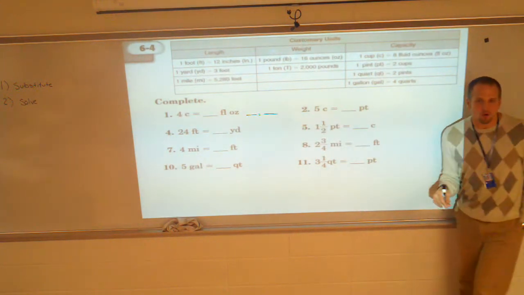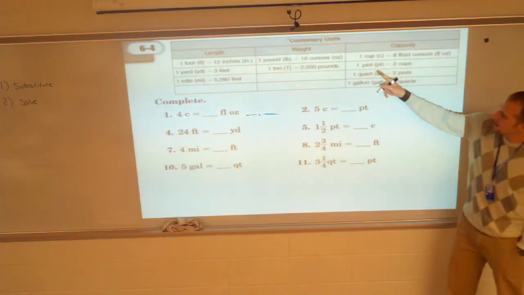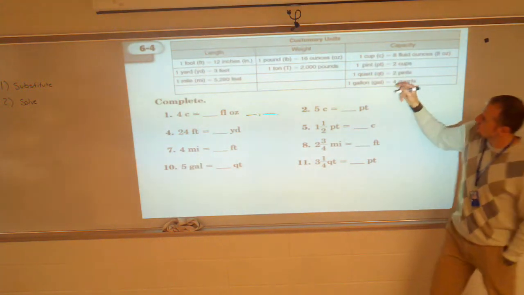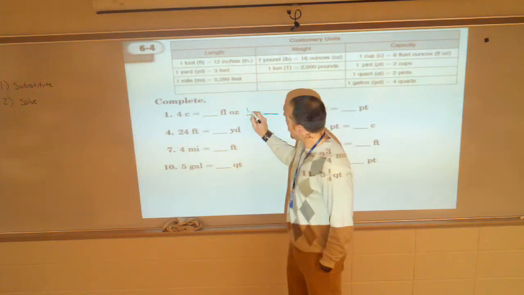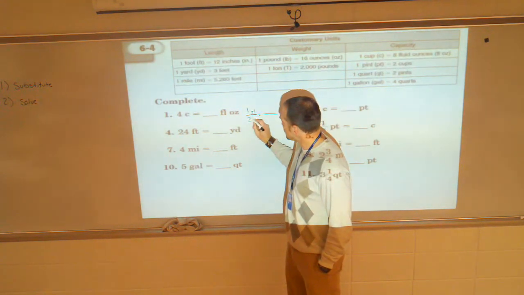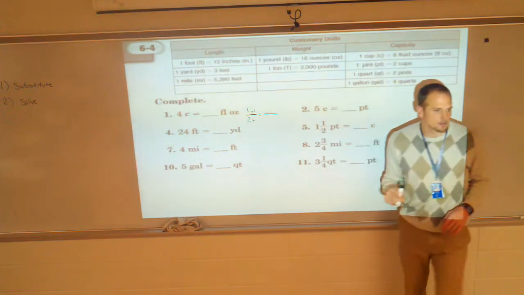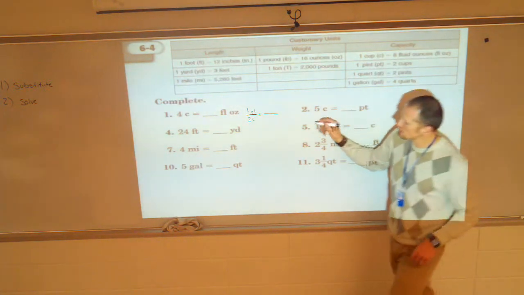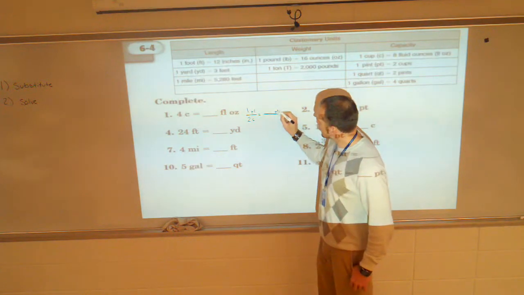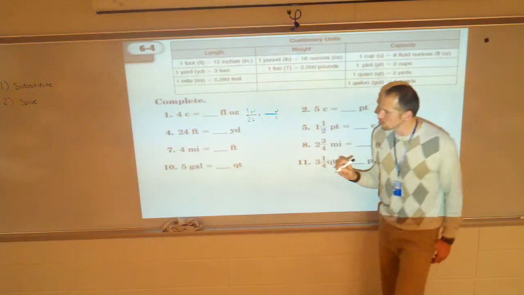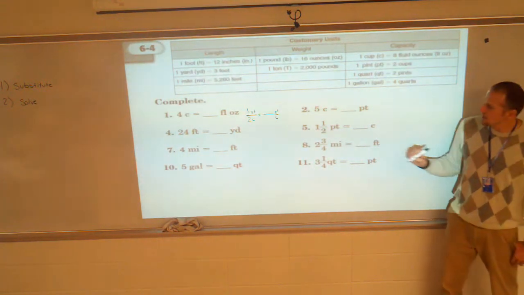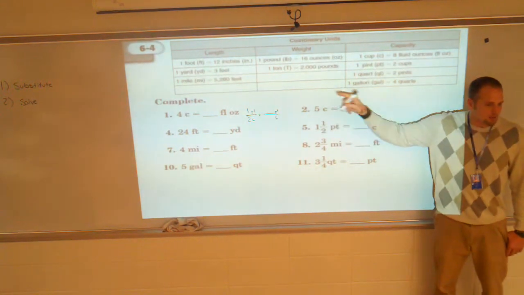What's very, very important is that you label it, okay? So, cups and pints, 1 pint is equal to 2 cups. So I'm going to write 1 pint is equal to 2 cups. Now, bring your units across, pints and cups. And one last step. I need to put my 5 cups in there.